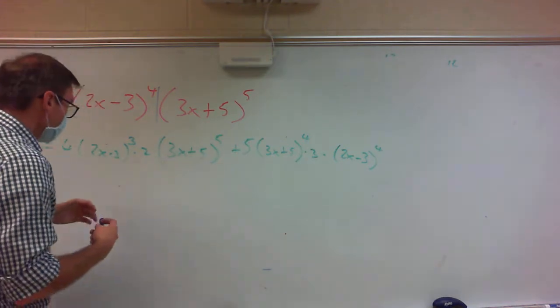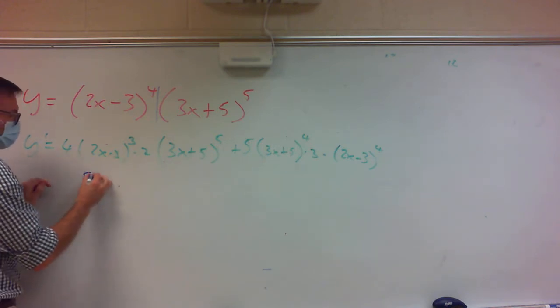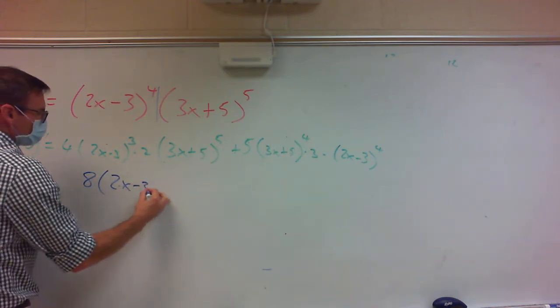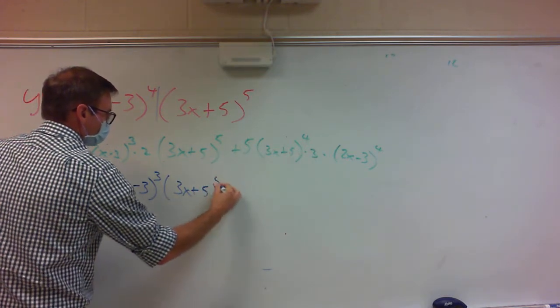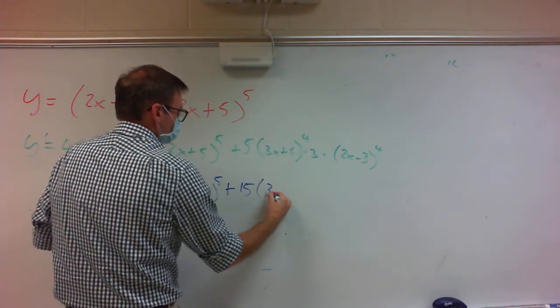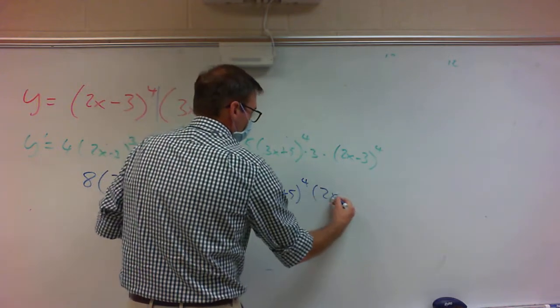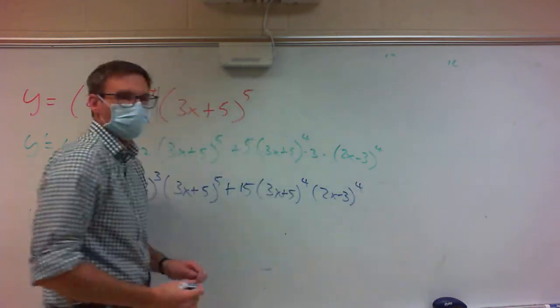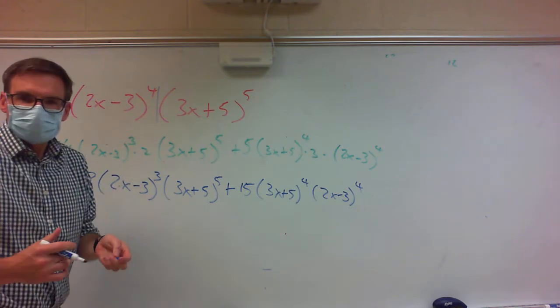But I'm just going to combine them. That's going to give me an 8 times 2x minus 3 cubed times 3x plus 5 to the 5th. And then I get a plus 15 times 3x plus 5 to the 4th times 2x minus 3 to the 4th. All right, all I did was just combine those numbers, right?